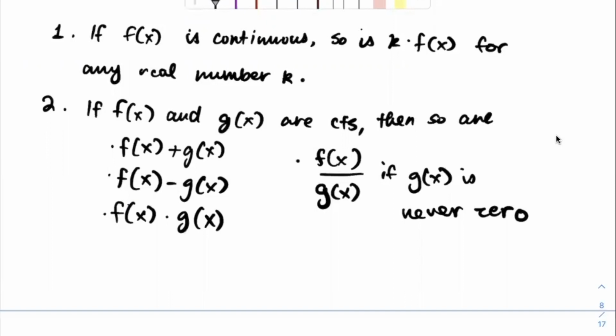All right, and finally, we can get a composition of functions. So this is slightly different because we're not going to require that f and g are continuous on the same interval, but if f is continuous on some interval, and g is continuous on the image or range of f.